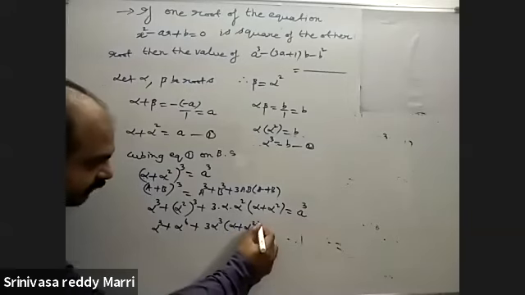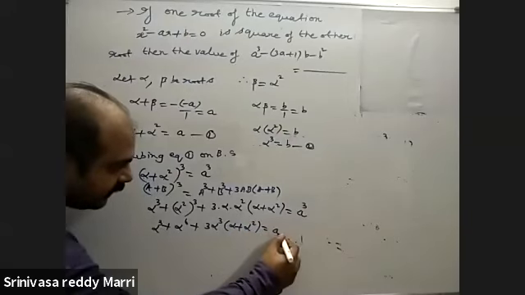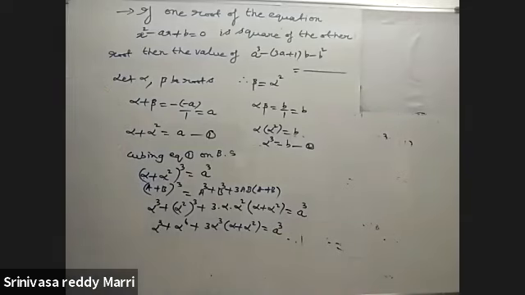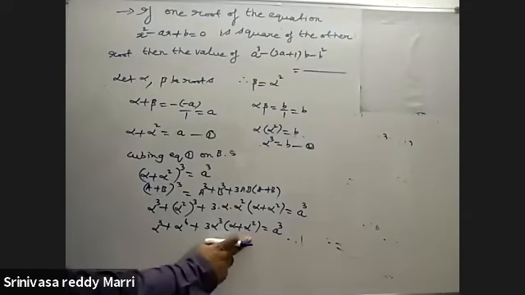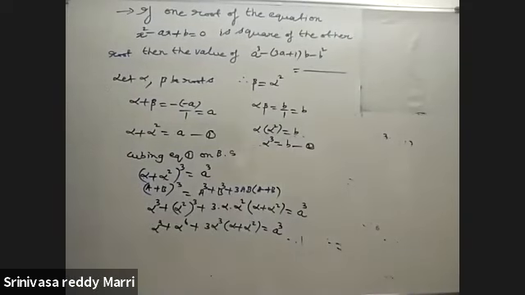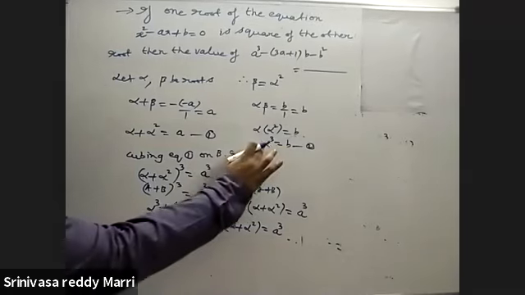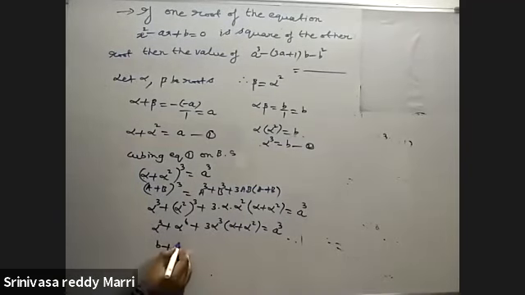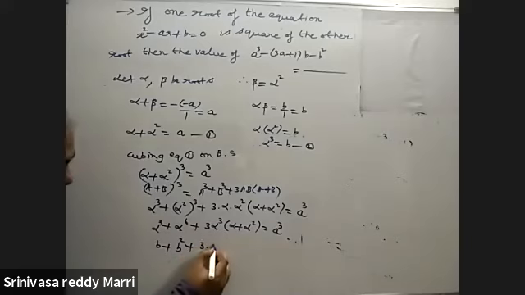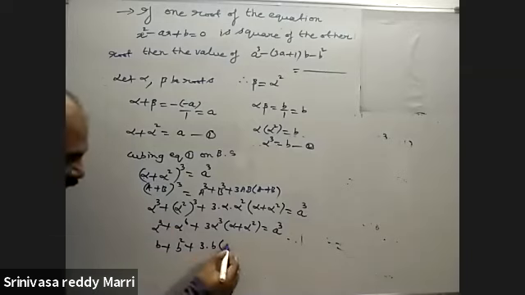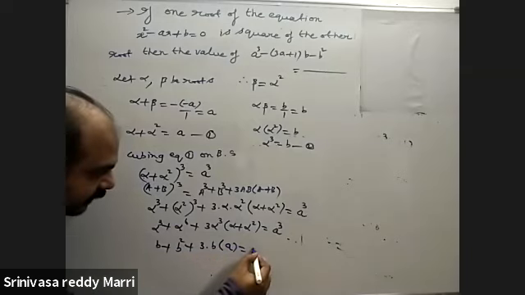Right? Here in this equation, you can replace alpha cube by b. Alpha cube is b, plus alpha power 6 means alpha cube whole square, that means b square, plus 3 into alpha cube, which means b, into alpha plus alpha square, which from 1 is nothing but a.